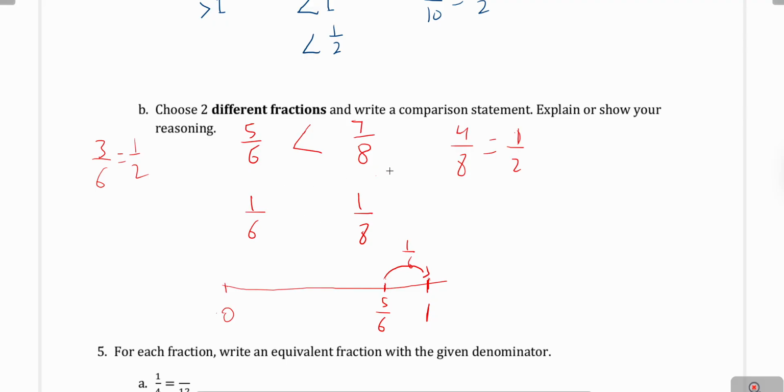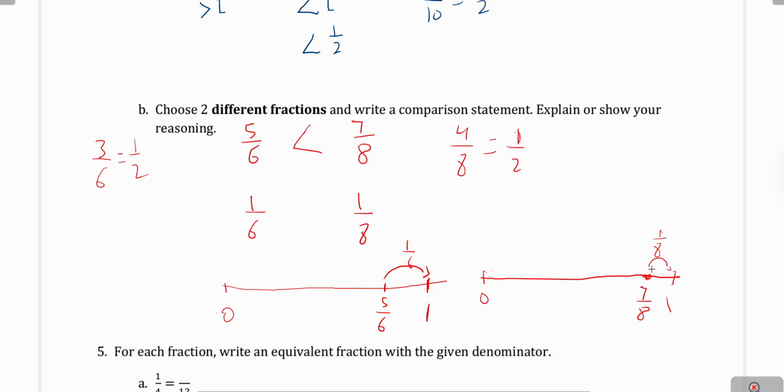And 7/8. Imagine that we have another, similar number line of the same size. This is 0, and this is 1. And imagine 7/8 is right here, and you are only 1/8 away from 1. So which fraction is smaller?